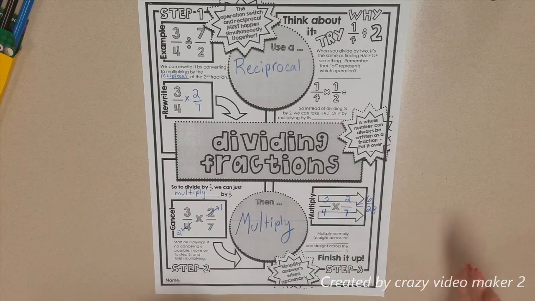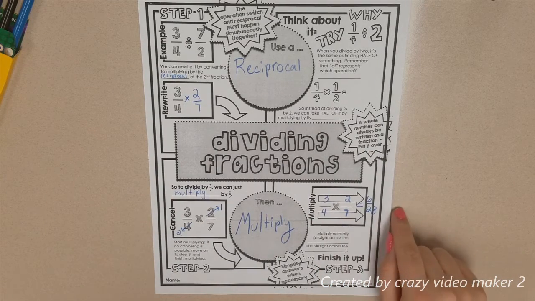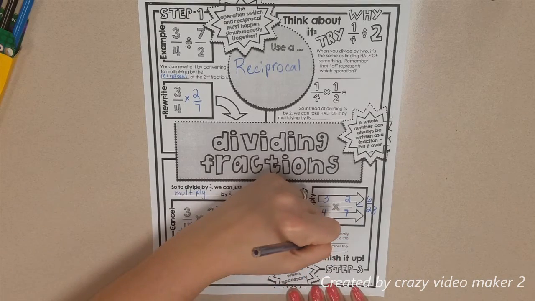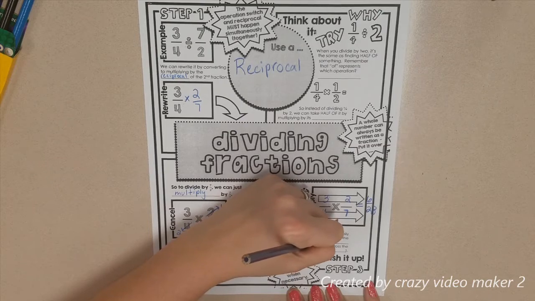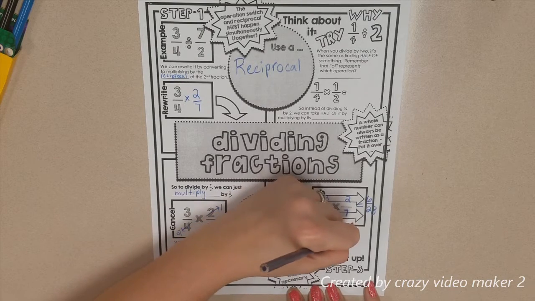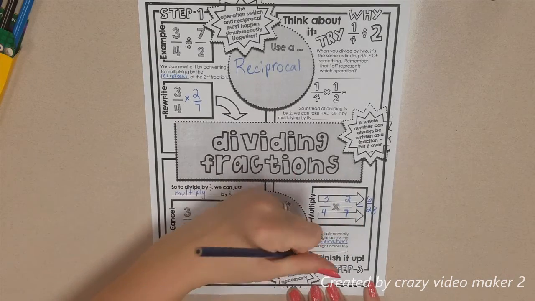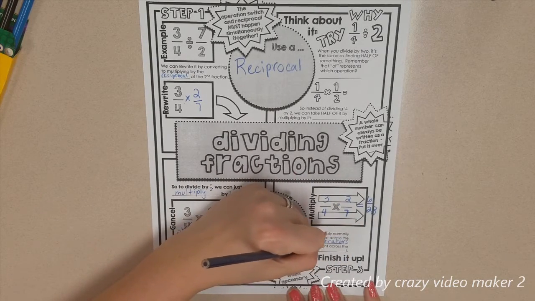So we have 3 times 2, 6, 4 times 7, that's 28. So it says you multiply normally straight across the numerators. Remember, that's the top numbers. And straight across the denominators.